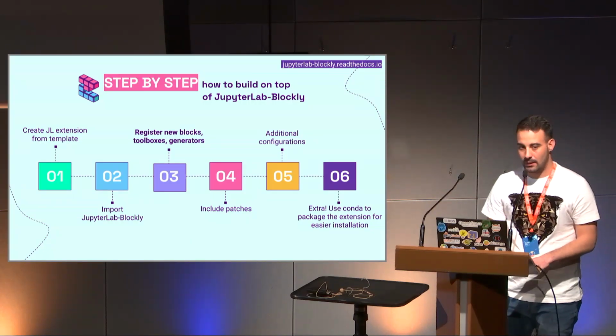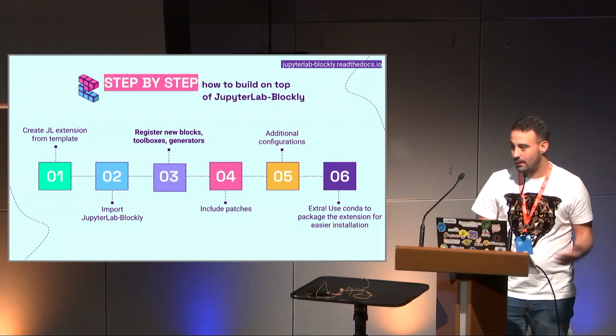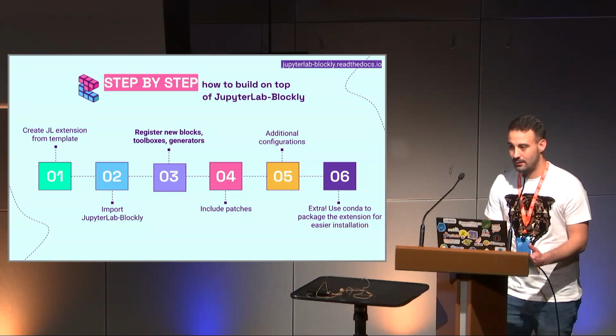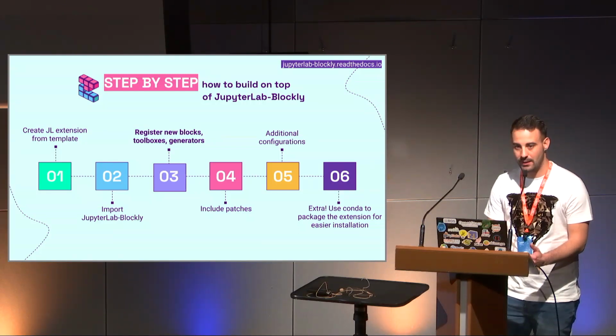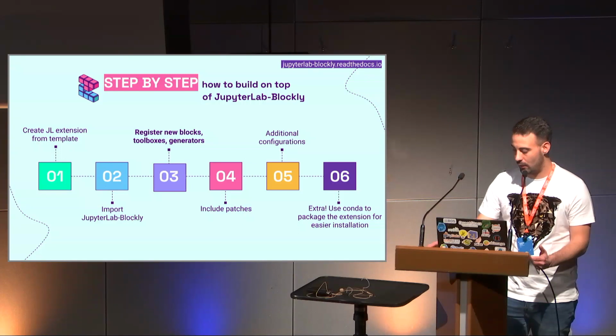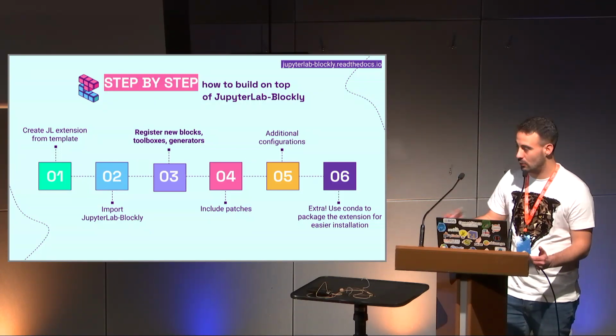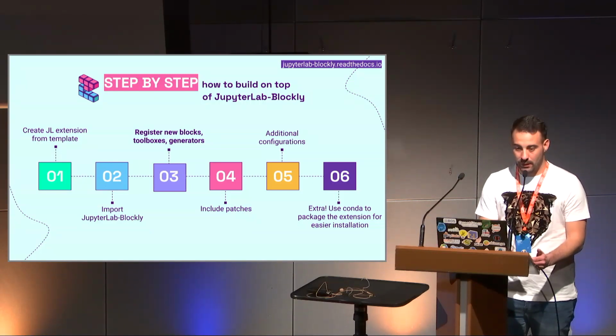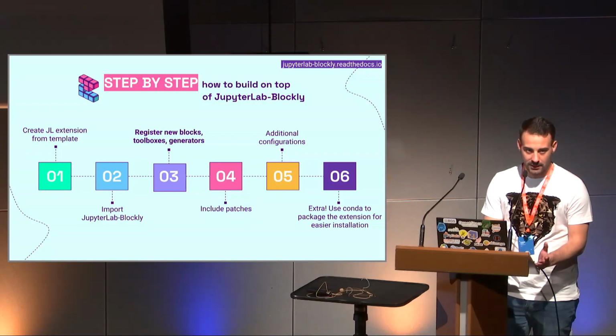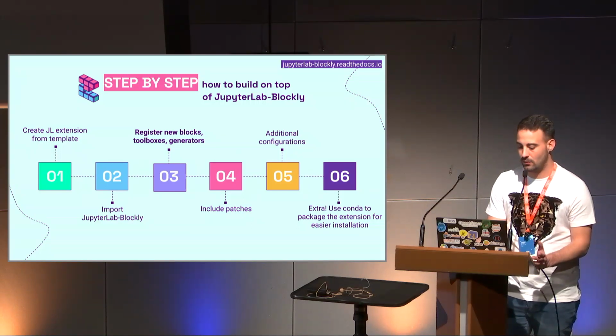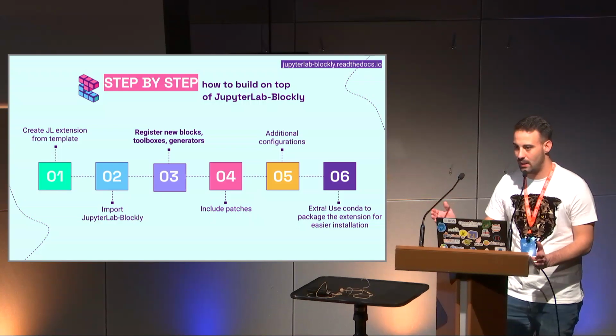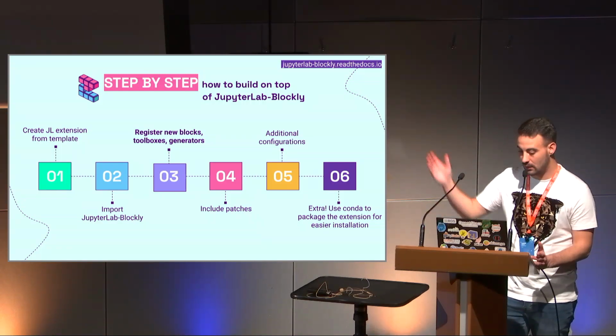Well, as I've been saying all the time, everyone can extend it. What we did was make it as generic as possible so other developers can build on top of it. Building on top of JupyterLab-Blockly is very simple. You can just start from the JupyterLab cookie cutter.